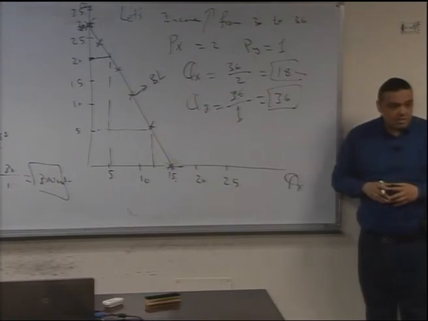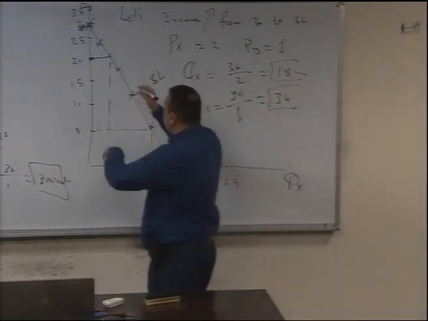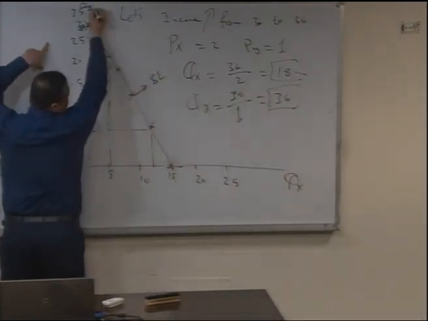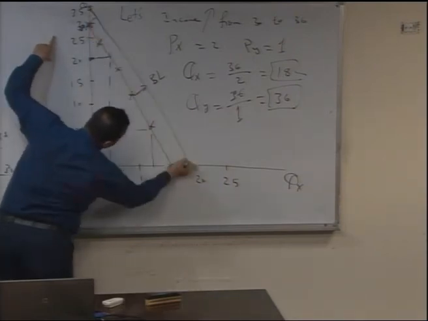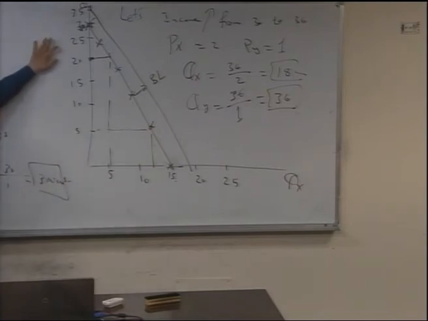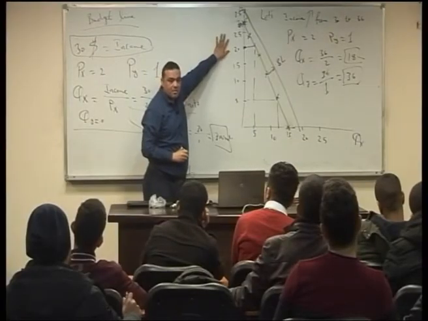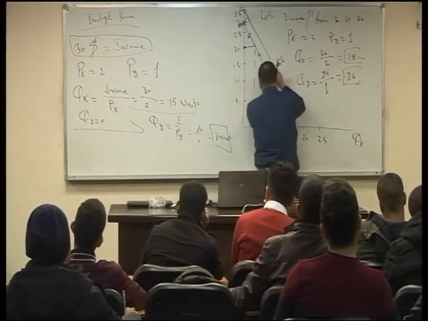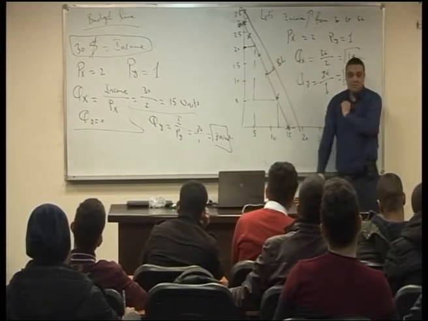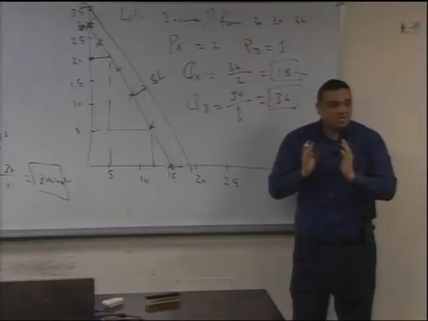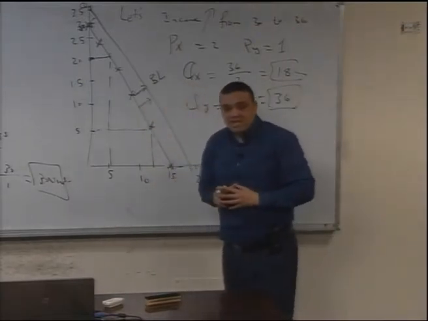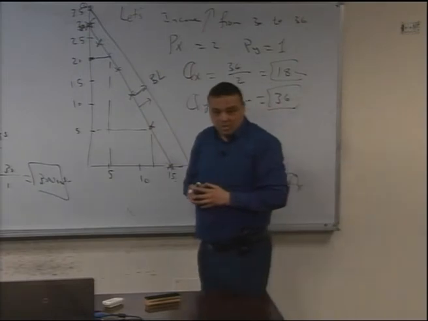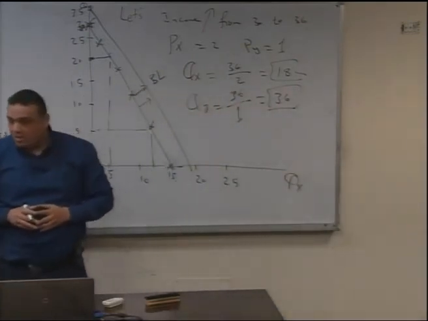The budget line will shift right, 36 and 18, parallel to the previous one. We have a parallel shifting of the budget line to the right. This means that his ability to buy will increase. Okay?